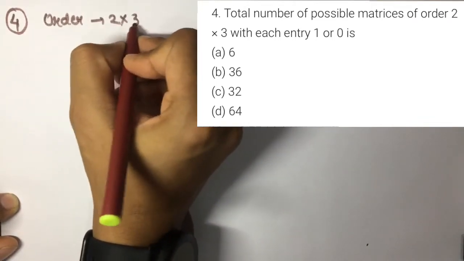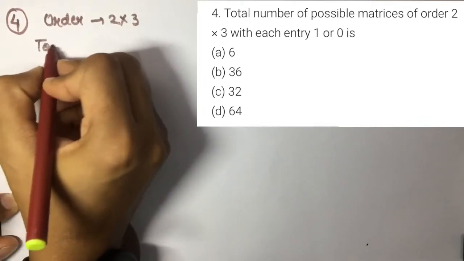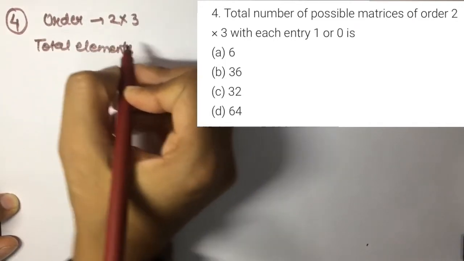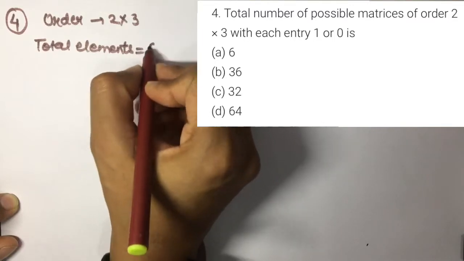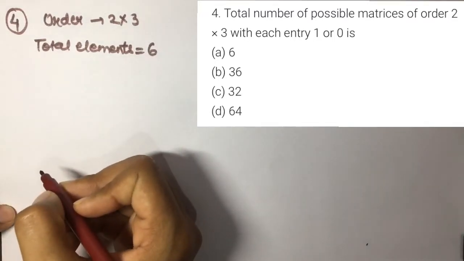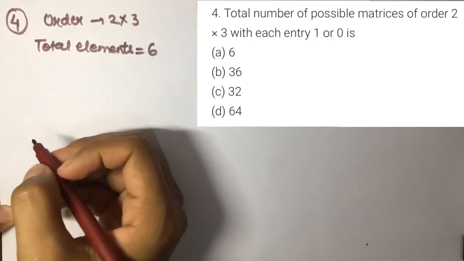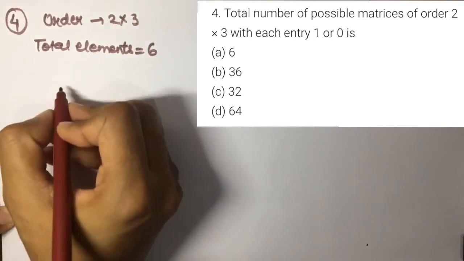That means total elements will be 6. Okay, and the each entry 1 or 0. That means each entry can be done in 2 ways.